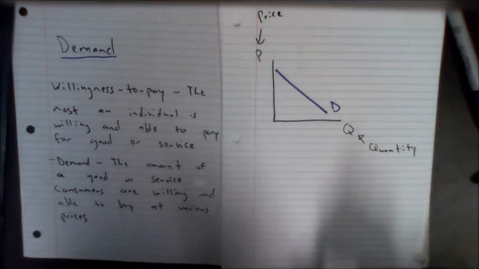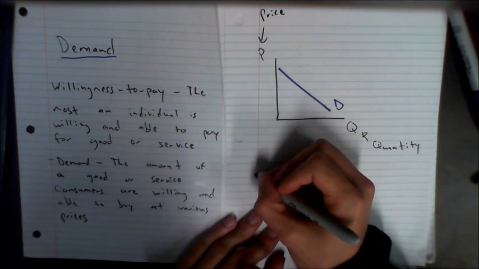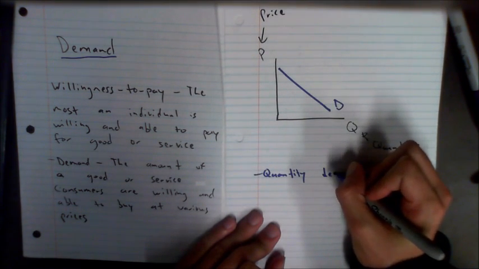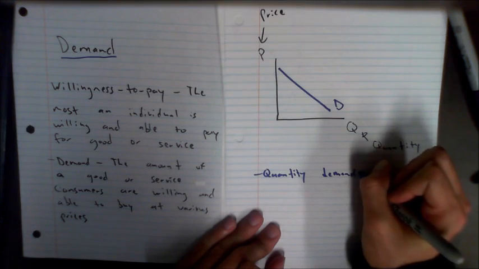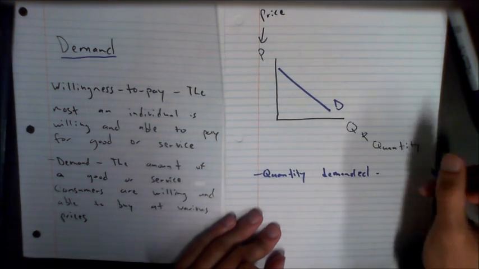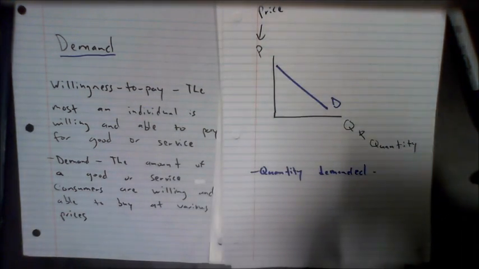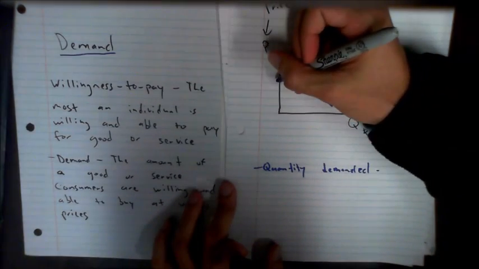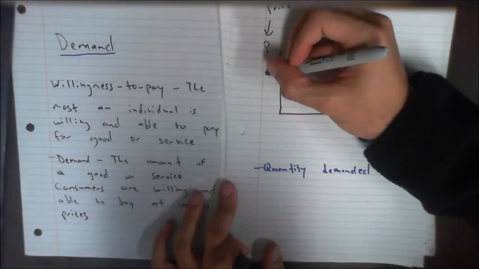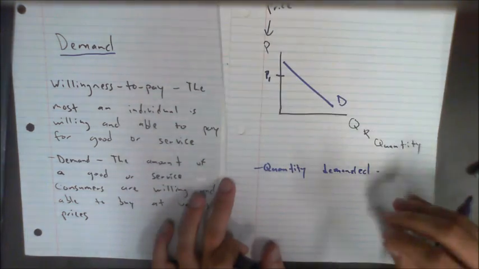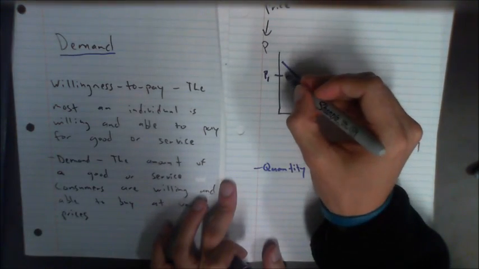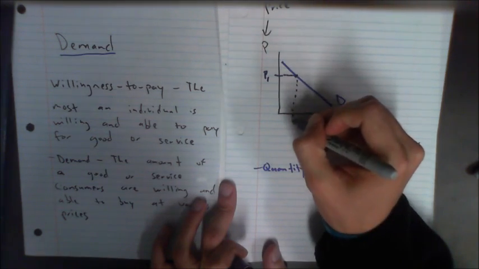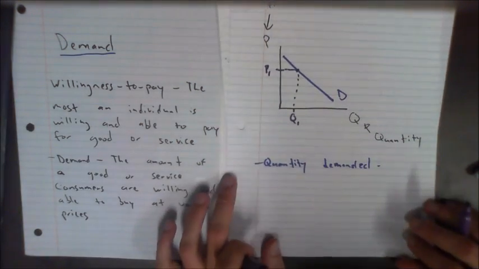Let's also define quantity demanded. What is quantity demanded? Well, basically at a given price, how much of this good or service are we willing and able to purchase? So we'll say at this price, we'll call this P1. I don't know what this price is, but it doesn't really matter. At P1, how much am I willing and able to purchase? Well, I'm willing and able to purchase Q1.